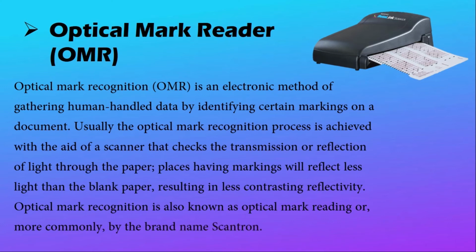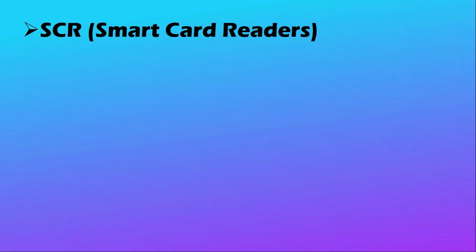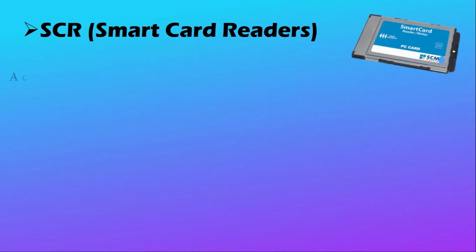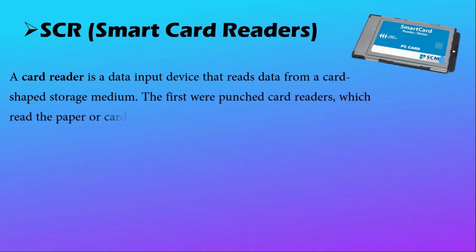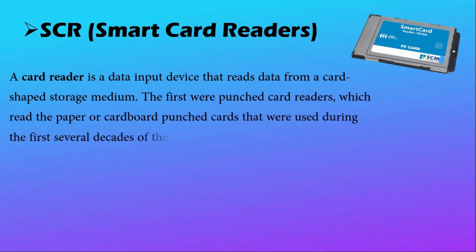SCR is card reader or smart card reader. A card reader is a data input device that reads data from a card-shaped storage medium. The first were punch card readers, which read the paper or cardboard punched cards that were used during the first several decades of the computer industry to store information and programs for computer systems.